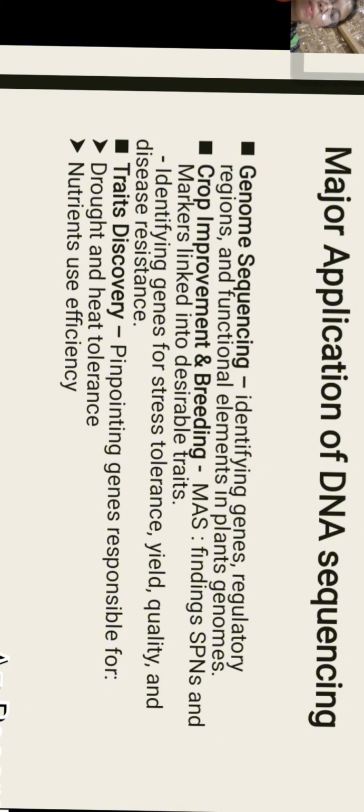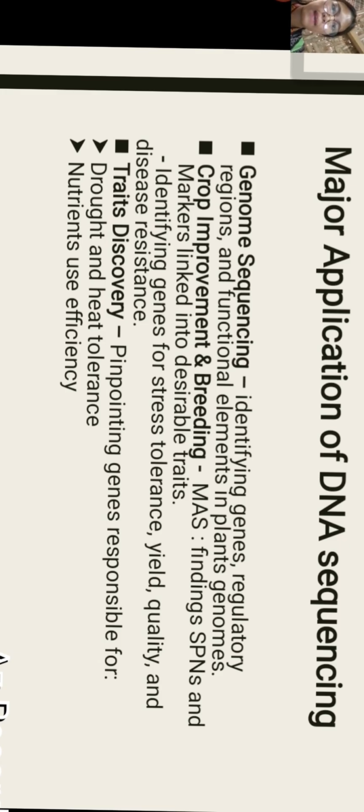So we use markers or SNPs. We use the SNPs as small flags in the DNA. These flags tell us which plants have good traits like high yield, disease resistance, and good quality.